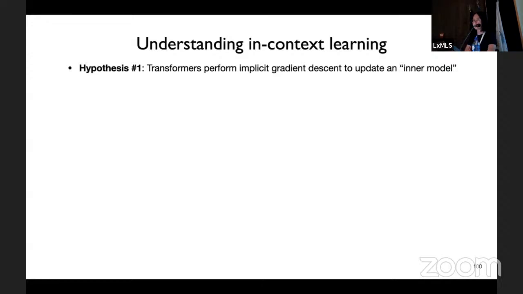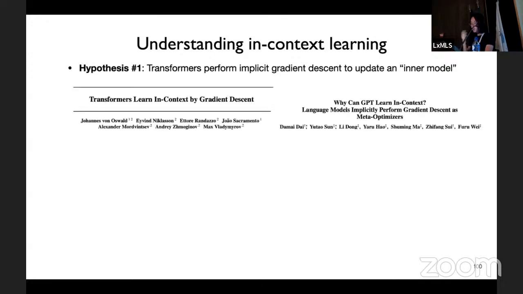There are several hypotheses here. The first hypothesis is that when you do in-context learning, essentially the transformers can perform some implicit form of gradient descent to update an inner model. There has been a number of theoretical works trying to understand this, for example, transformers learn in context by gradient descent.